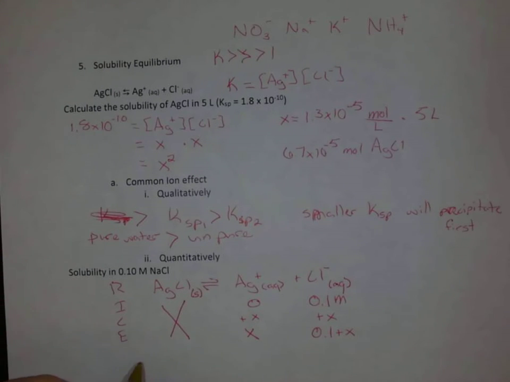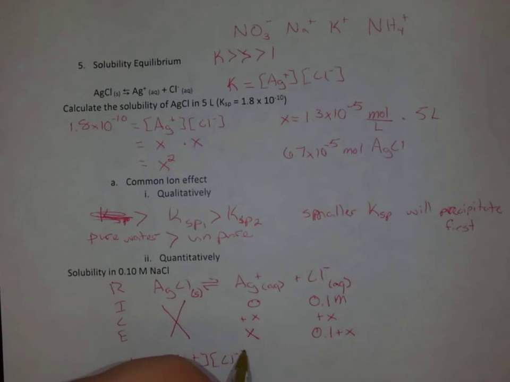Then we write our equilibrium expression, which is, of course, Ag+ concentration times Cl- concentration. We're going to plug in our numbers, so we know Ksp from above is 1.8 times 10 to the minus 10. And that equals x times (0.1 plus x).